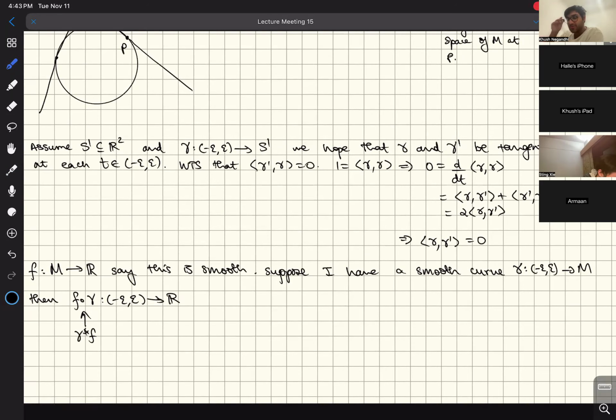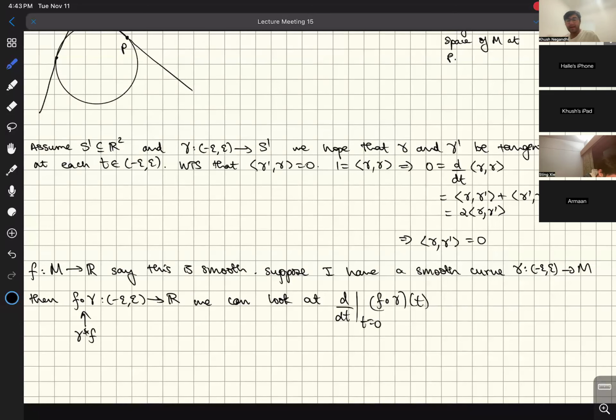And now we can ask, what is the derivative of this? We can look at d by dt at t equals 0 of f of gamma. This makes perfect sense.